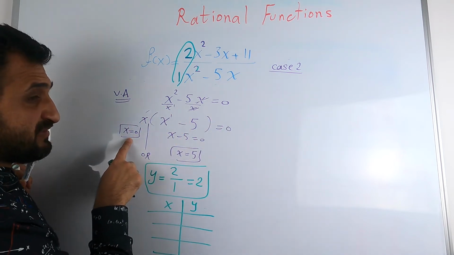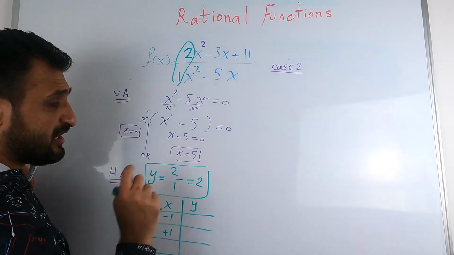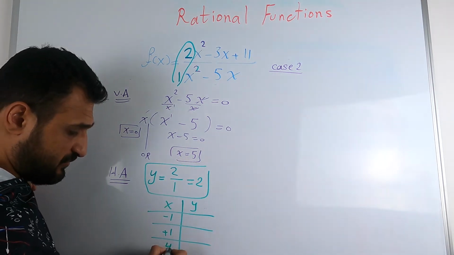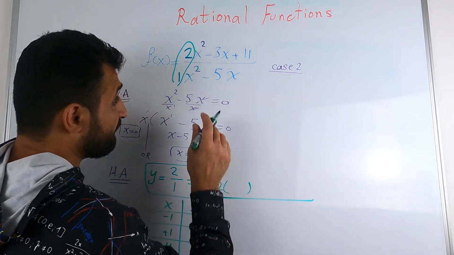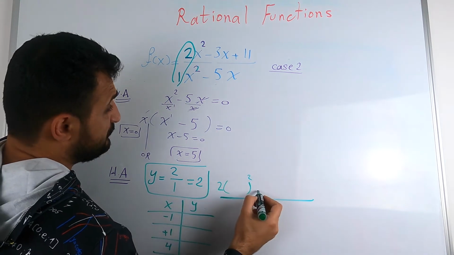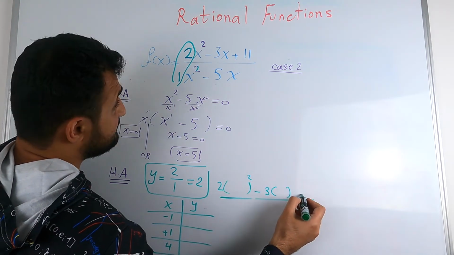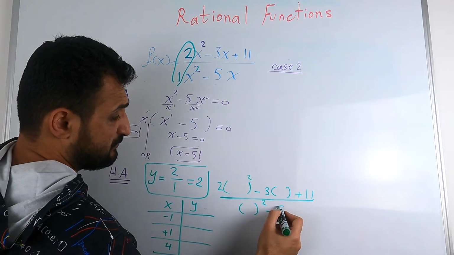Give me two numbers before 0 and after 0, so negative 1 and positive 1. Give me two numbers before and after 5, 4 and 6. Now pick up the calculator and write the function 2x power 2 minus 3 times x plus 11 over x power 2 minus 5x.